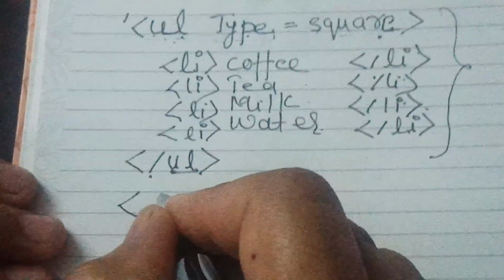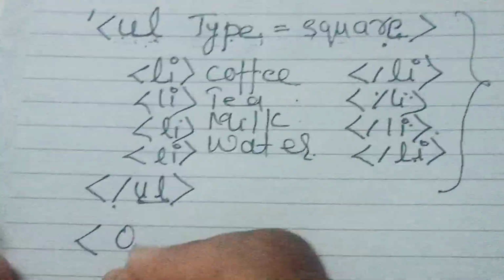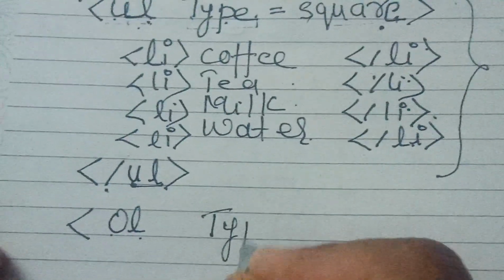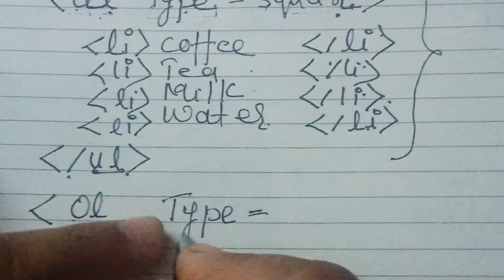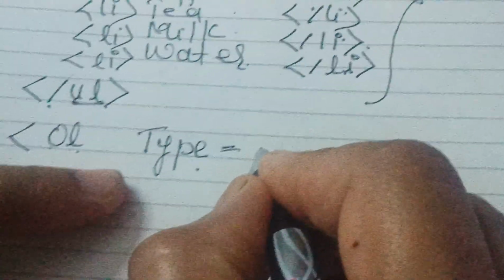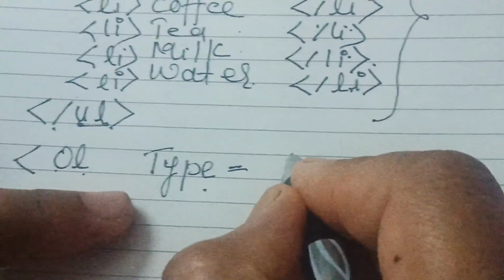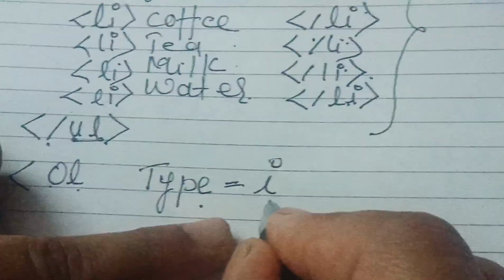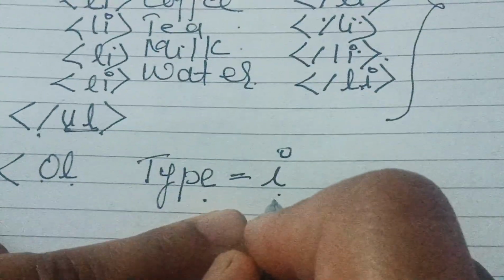To form an ordered list, I'll write like this: OL stands for ordered list. Again, how you want the list to be numbered is given in type. Here I am using Roman numbers, let's say small Roman numbers. So I'll be writing i to represent Roman numbers, right?